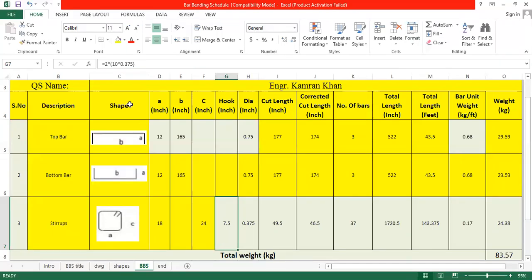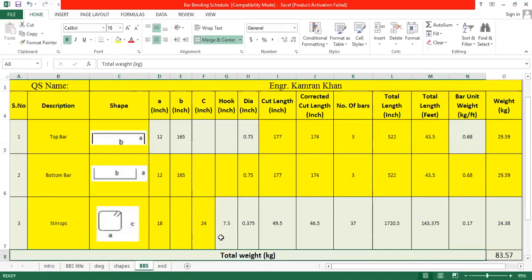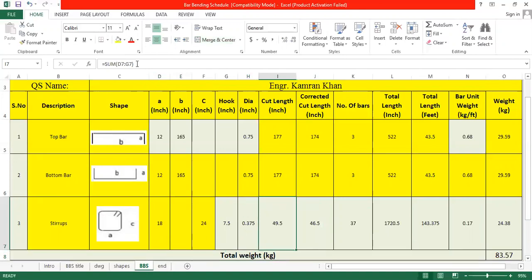So 10 dia bar over here is this value. As you can see there are two hooks, so the resultant value will be multiplied by 2. After doing this operation, I have got the hook length for the two hooks equal to 7.5 inches. Now the cut length will be the summation of A, B, C plus hook.